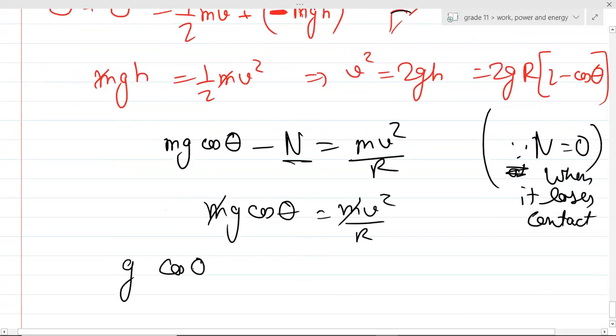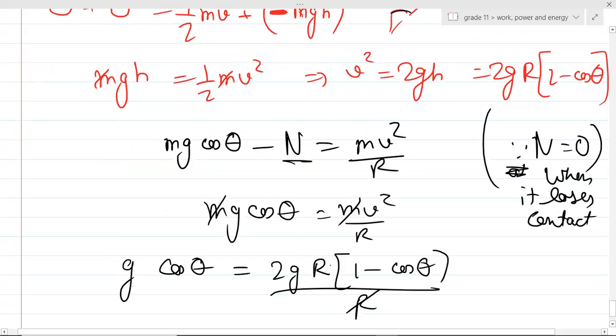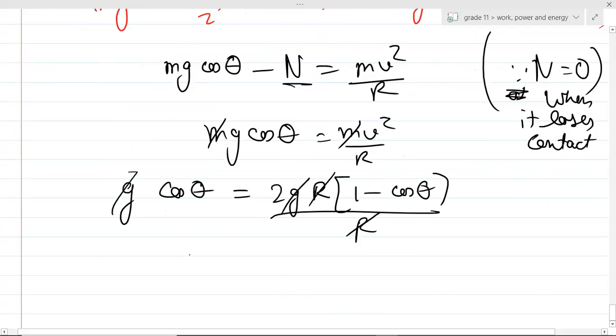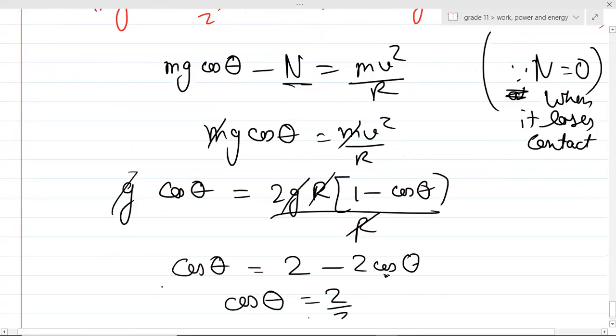g cos theta is equal to v square by r, which is twice of g r into 1 minus cos theta divided by r, so g cancels, and from here cos theta is equal to 2 minus 2 cos theta. This 2 cos theta will go over here, become 3 cos theta, and from here cos theta will be equal to 2 by 3.